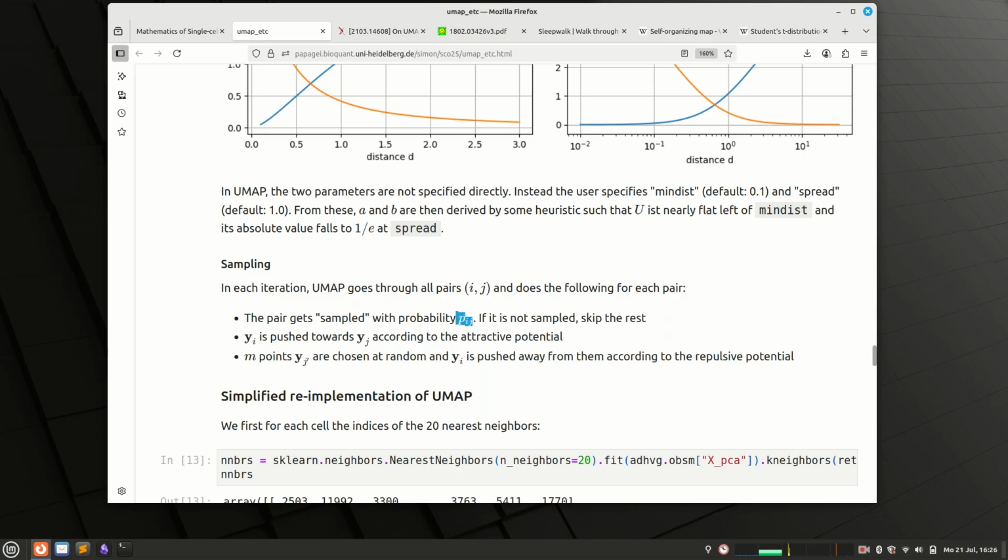And then I push Yi towards its neighbor Yj according to the attractive potential. And then to get the repulsion, how Yi is repulsed by all the non-neighbors, I randomly sample 5 other points, or m other points, but m is set to 5 by default, and calculate the repulsive potential from that.